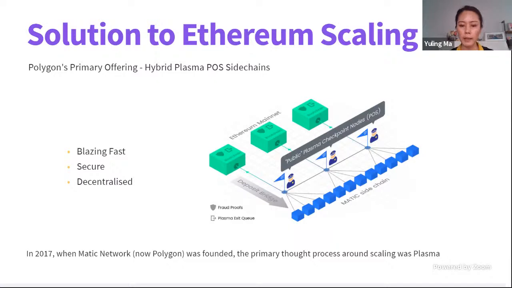Not only does it provide scalability, but together with the validator layer, the POS chain, and the finality through checkpoints on Ethereum mainnet, it's able to provide blazing fast speed, a decentralized validator layer, and very secure transactions. So this is a quick overview of the architecture. Of course, for transactions on Ethereum mainnet, a state sync mechanism is put in place to sync state information between Ethereum mainnet and the Polygon chain.